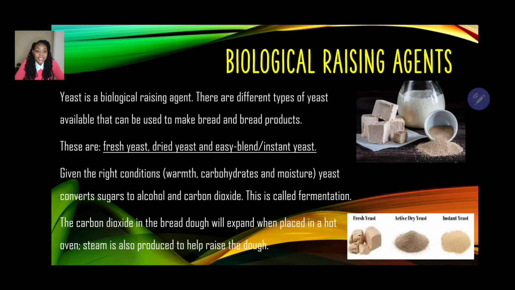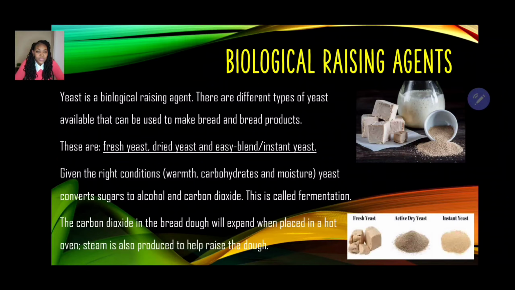And you can see some examples here to the right of your screen of the different types of yeast available to use in bread products, right? Now, given the right conditions, which are warmth, carbohydrate, which we may also say food, and moisture.